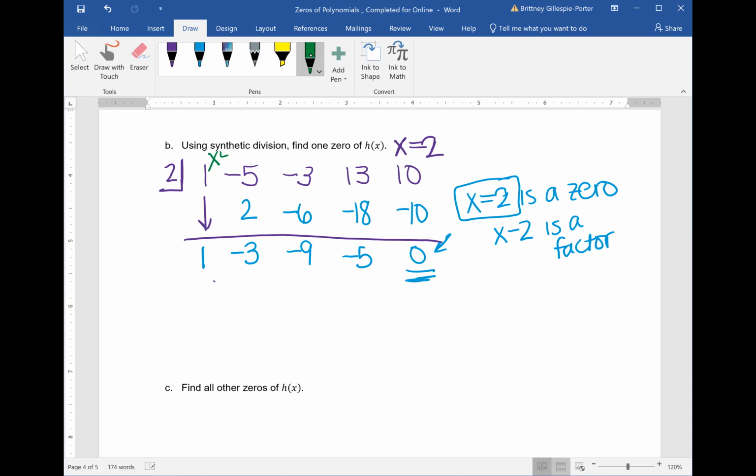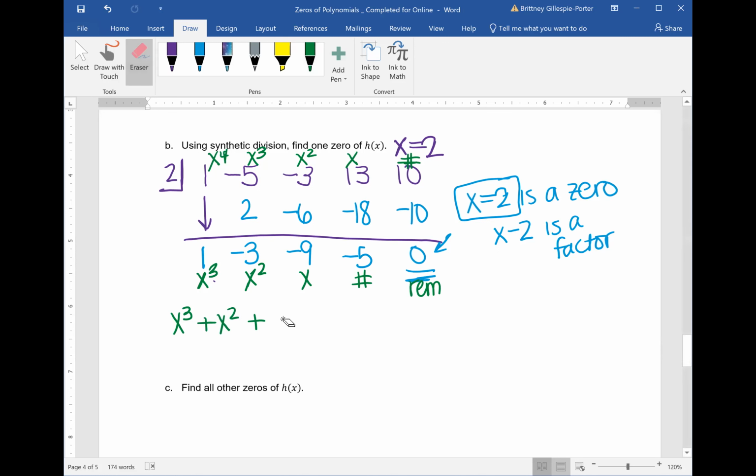We started off with an x to the 4th. And because we divided by x minus 2 or x equal to 2, we'll drop down 1 degree on our exponents. Oh, sorry.